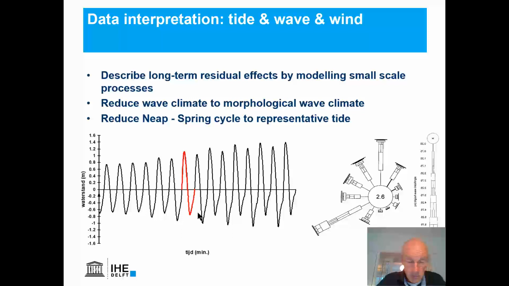And the way we do that, that's a different topic, but in our practice, we typically have one schematized tidal cycle, and at the same time we have waves that can come from all directions and with different wave heights and periods, and we have to reduce that to a manageable number of wave conditions.